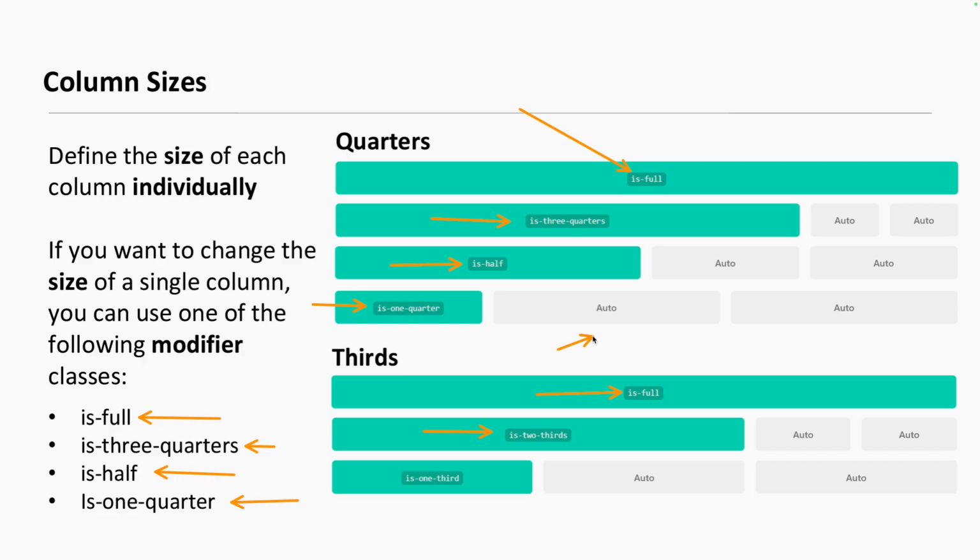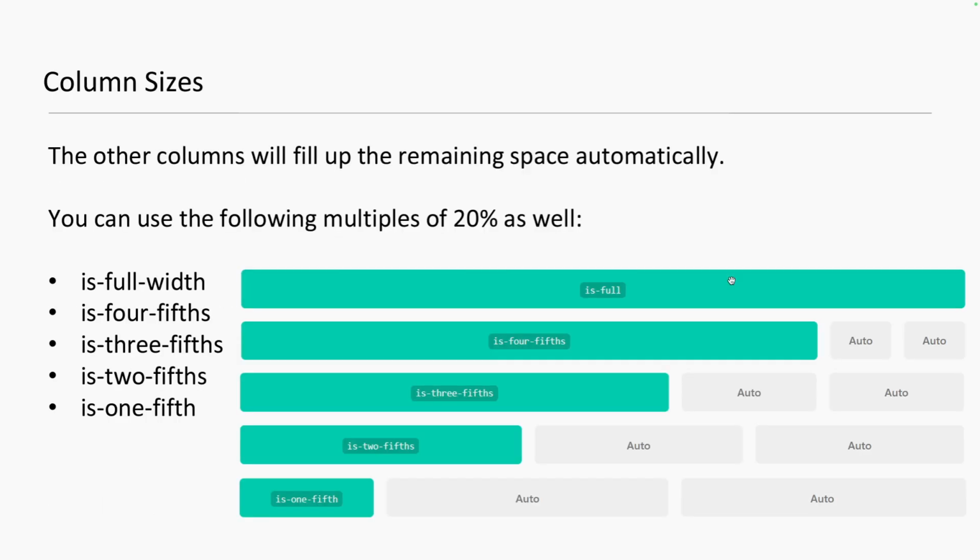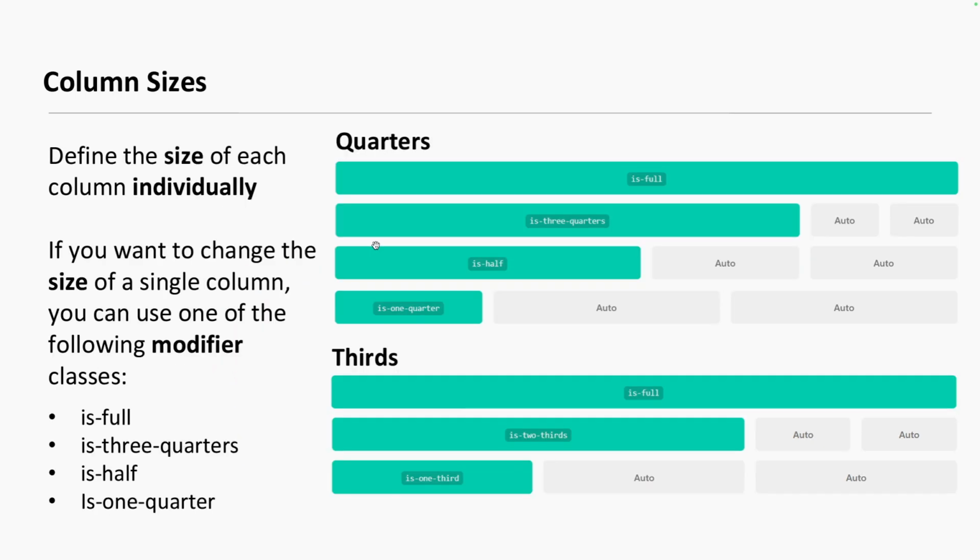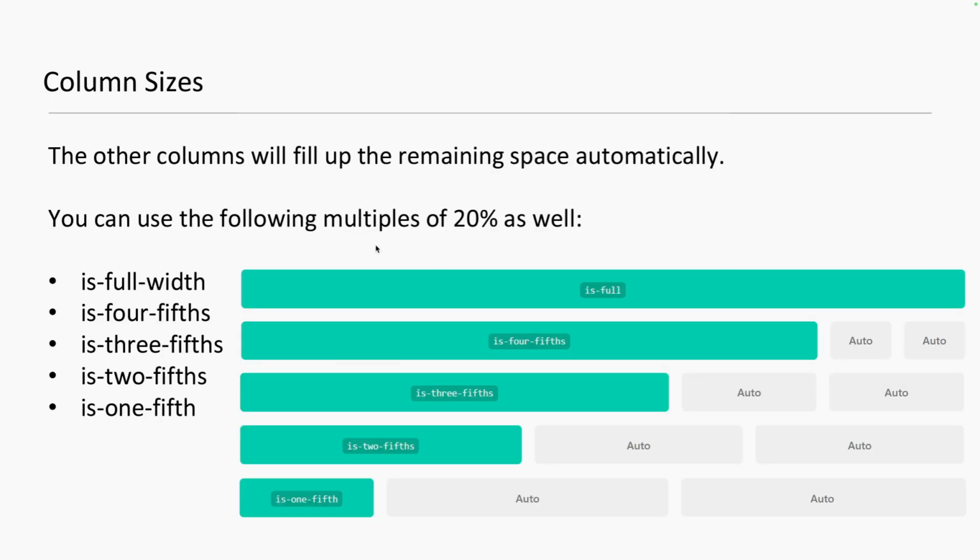You can see the rest of the columns are just automatically laid out. And here's some more fractional based modifiers. You can use fifths there. We're using quarters on the previous one.